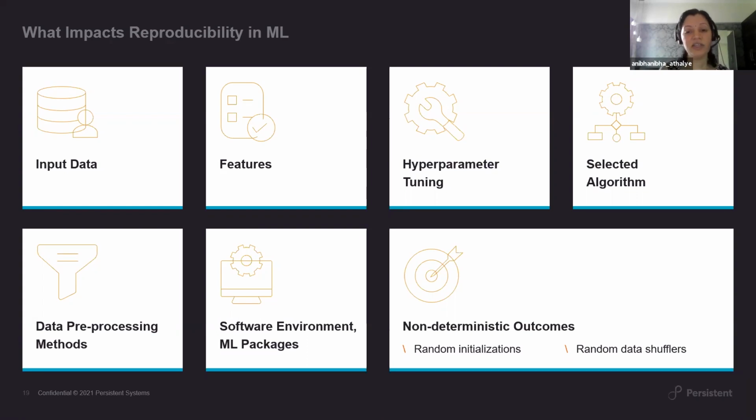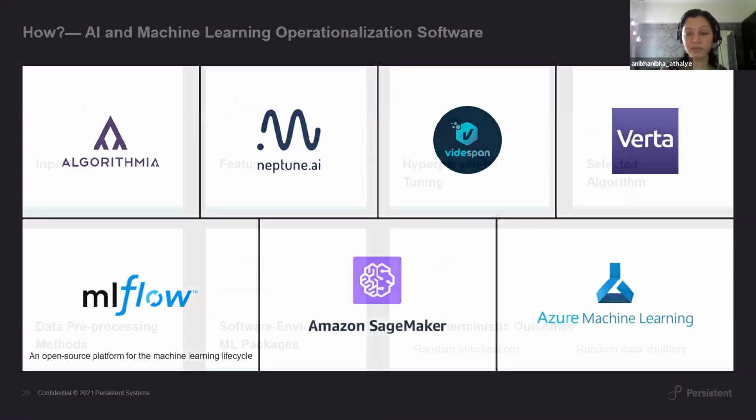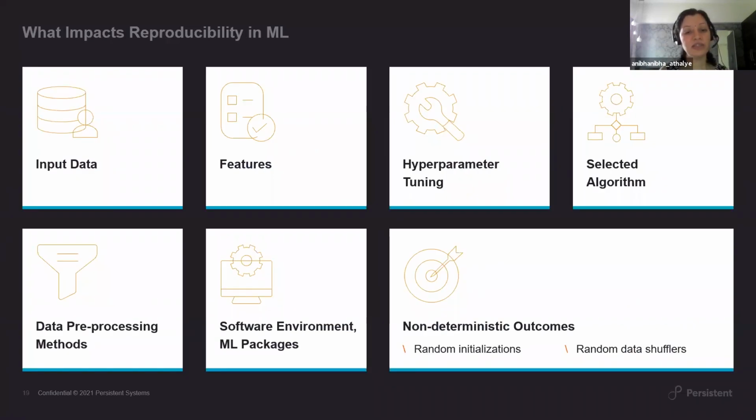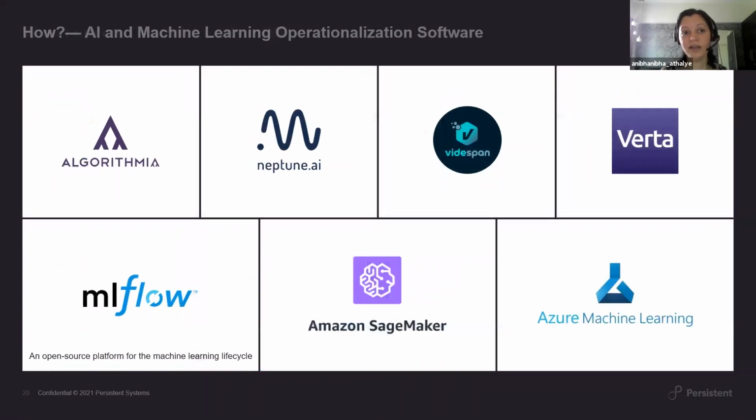If there are any questions at this point in time, what I really want to do today is explain how this is done using some of the tools that are available. What you see on the screen are some of the AI and machine learning operationalization software which support experiment tracking and analysis as part of the overall operationalization features that they provide. These are by no way the complete set of tooling.